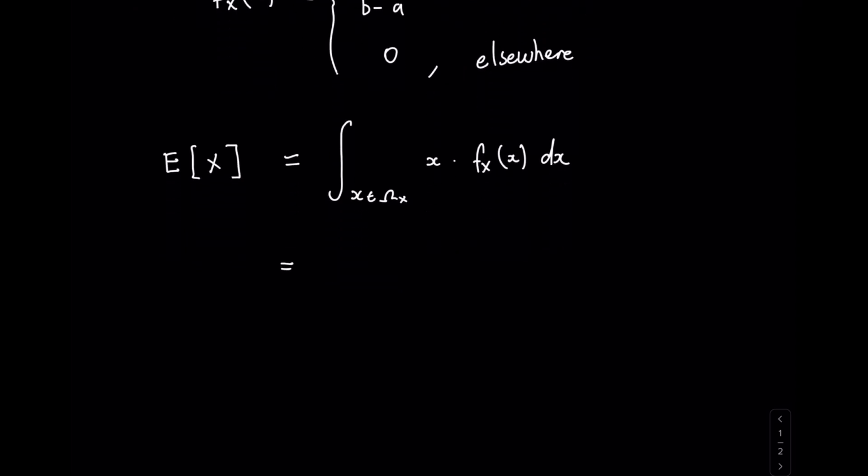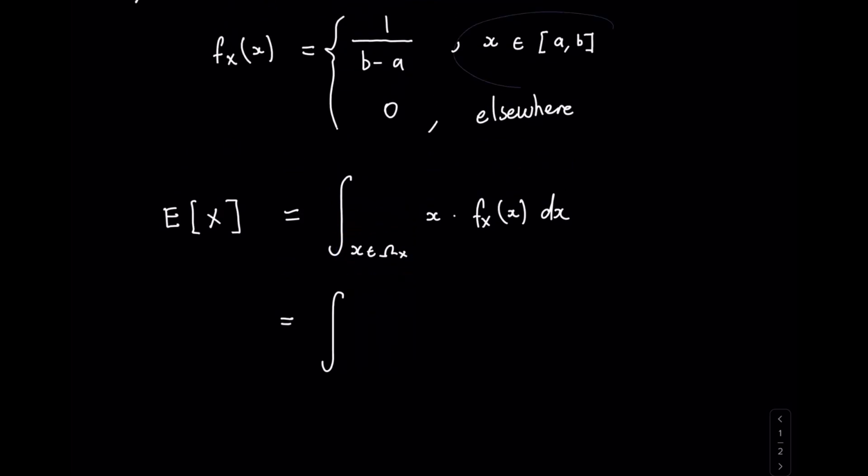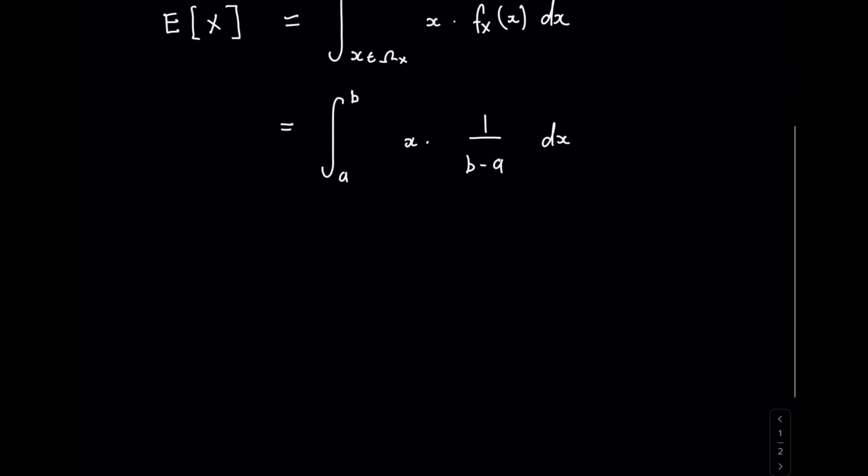In this case, x takes values we already discussed from a to b only. So our integral only goes from a to b. And we also have our value of x, and then we multiply that by the probability density function, and then of course we're integrating with respect to x.